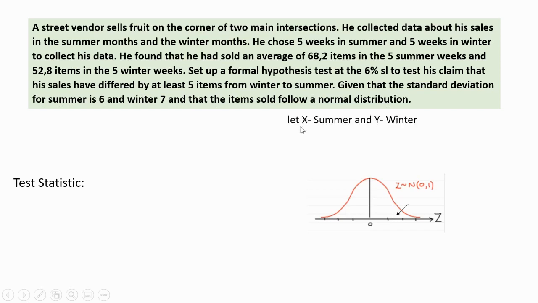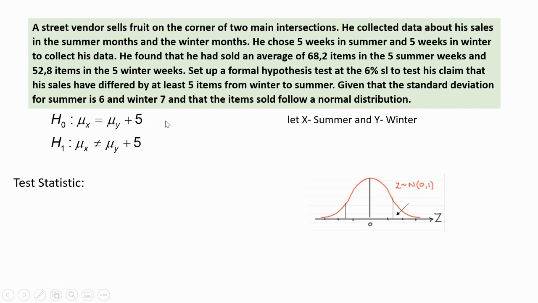So we're going to let x equal the summer and y equal the winter. What have we got here? The null hypothesis says that the summer mean is equal to the winter mean plus 5, or mu x minus mu y equals 5.